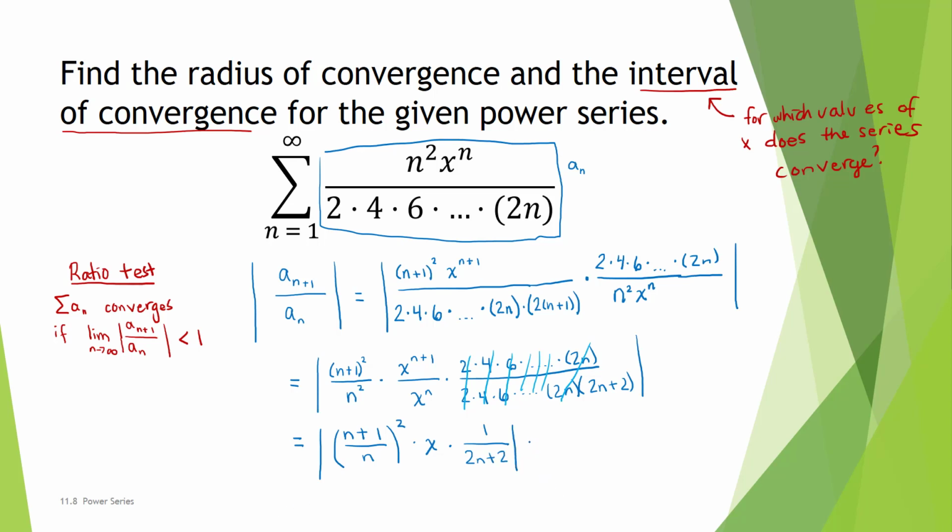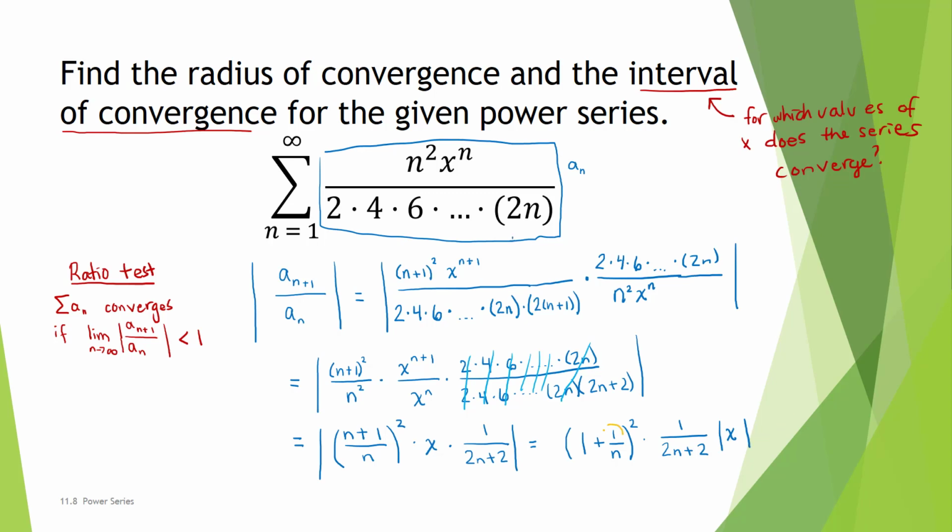Now, what else can we do? The fraction n plus 1 divided by n, I can divide each term by n, get 1 plus 1 over n, squared. The fraction 1 over 2n plus 2, I'm just copying, and then I have my x. And the last thing I want to point out is that the absolute values here only need to surround the x, because the n's are already positive.